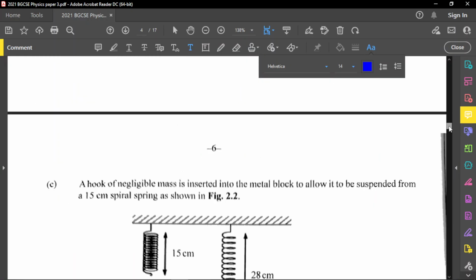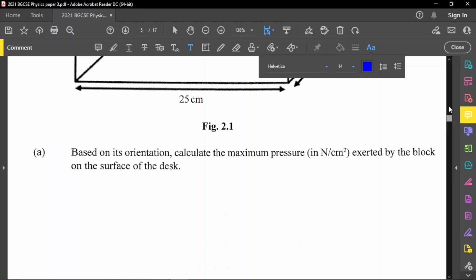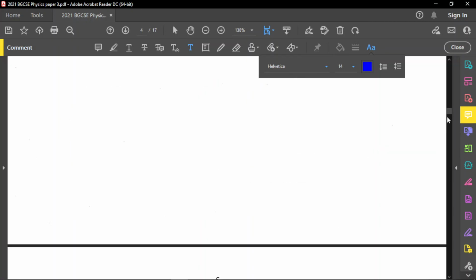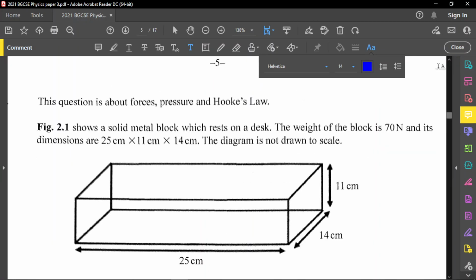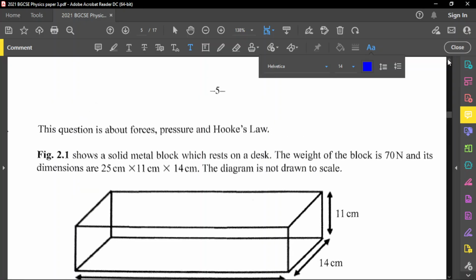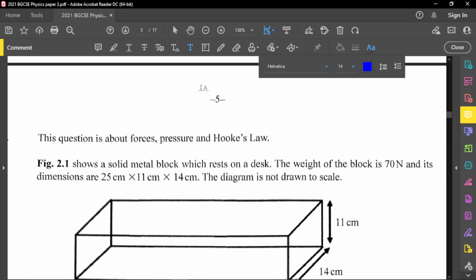Let's quickly go into question number 2. I think I'm moving a little bit too fast, out of script. All right, so this is question number 2, and it is based on force, pressure, and Hooke's law. And right here, it is saying that figure 2.1 is a solid metal block which rests on a desk.